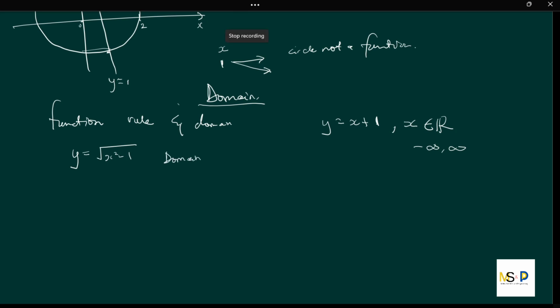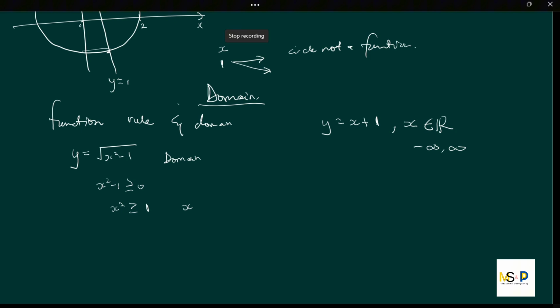So now, how do we find the domain of this? We're going to make sure that this thing does not become a complex number. So we make sure x squared minus 1 is greater than or equal to 0.